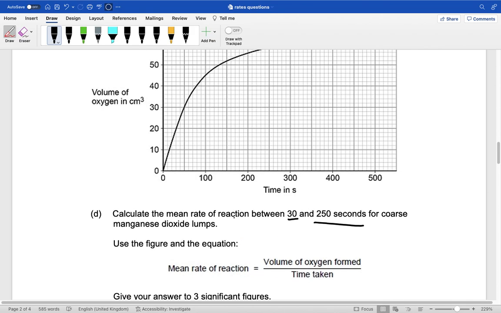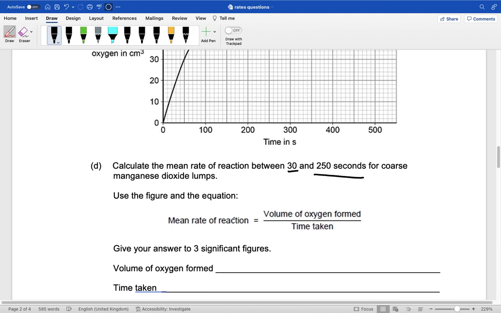And it's been very kind, it's given us the equation for the mean rate of reaction. So it tells us we've got to calculate the volume of oxygen formed, and we've got to divide it by the time taken to form that amount of oxygen. It then says give your answer to 3 significant figures, so I'm going to underline that as well so that I remember to do that.